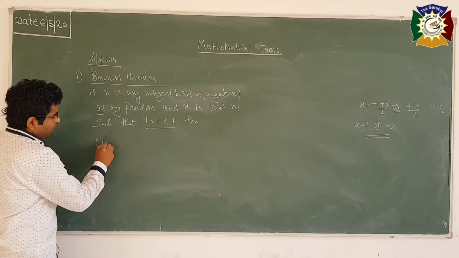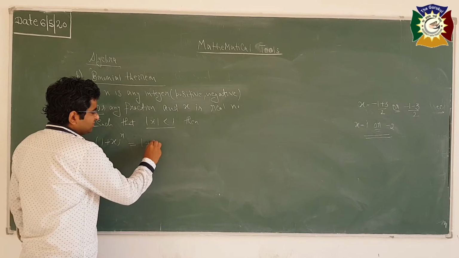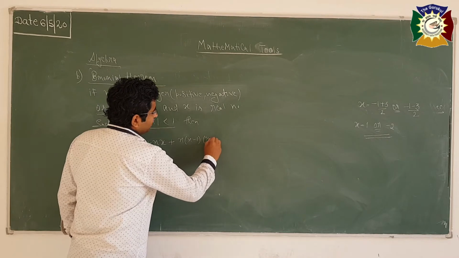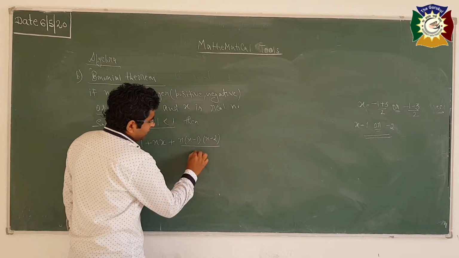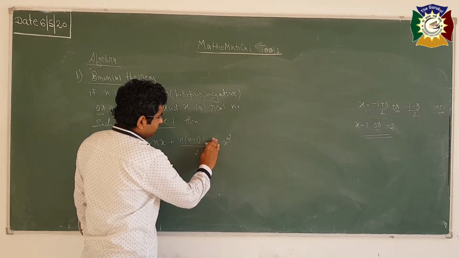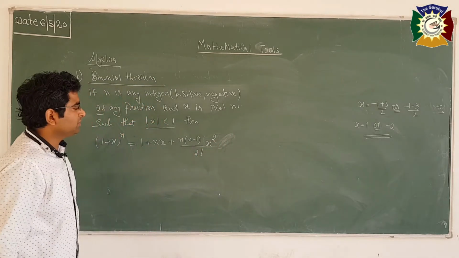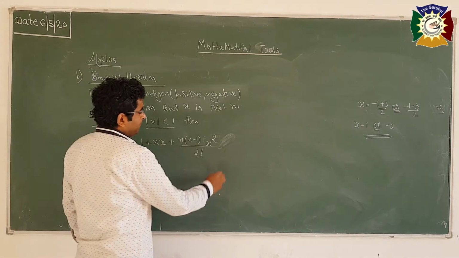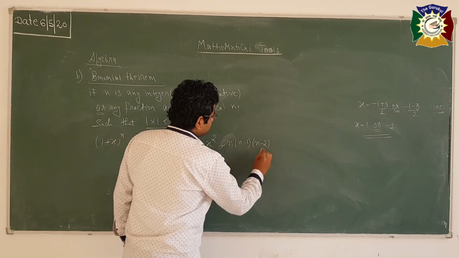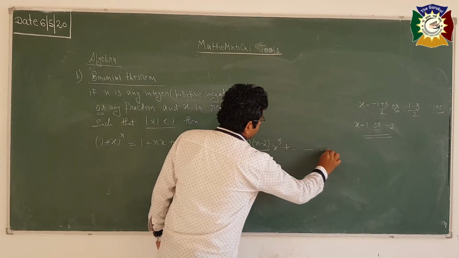we can write 1 plus x raised to power n as 1 plus nx plus n into n minus 1 divided by 2 factorial into x square plus n into n minus 1 into n minus 2 divided by 3 factorial x cube, up to so on.